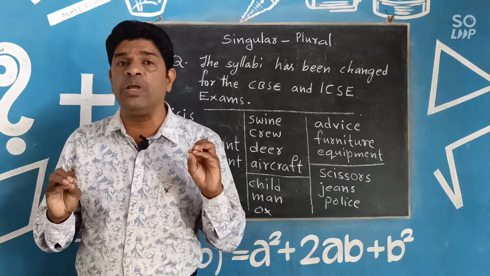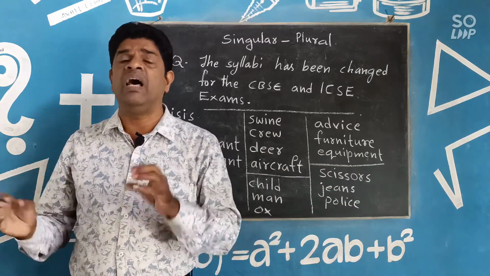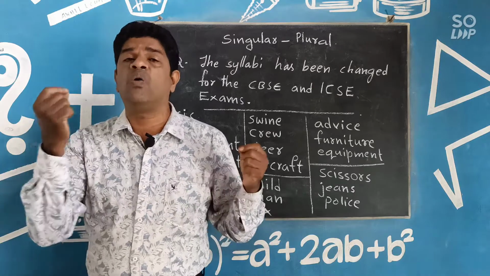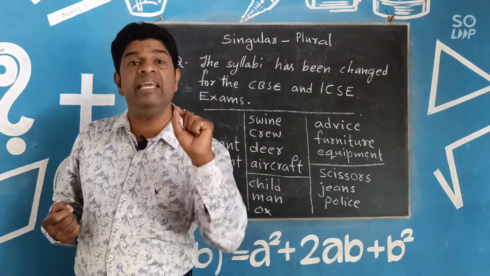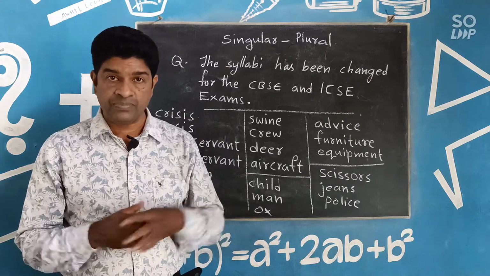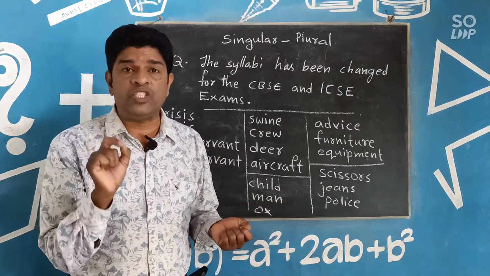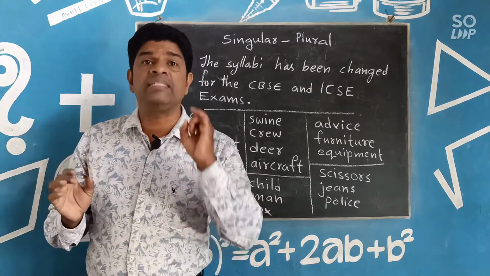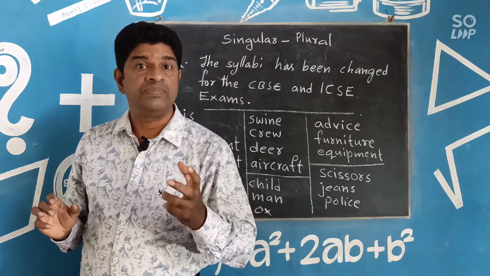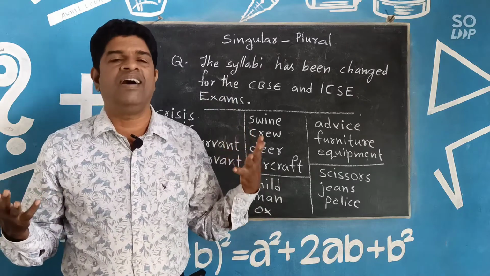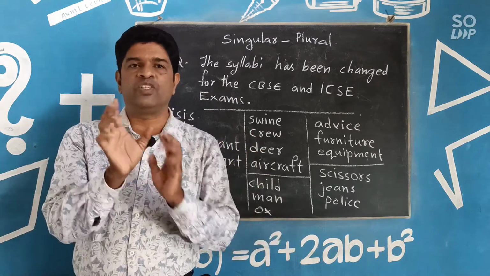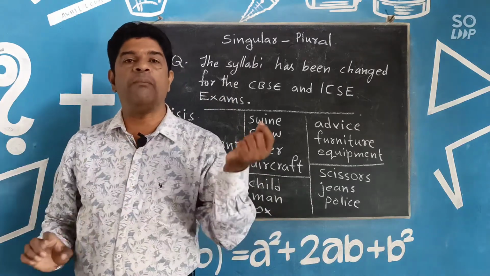But not all the words take only s. Some nouns take es. What are they? A noun that ends with o always takes what? Es. For example, mango ends with an o, that's why mangoes.